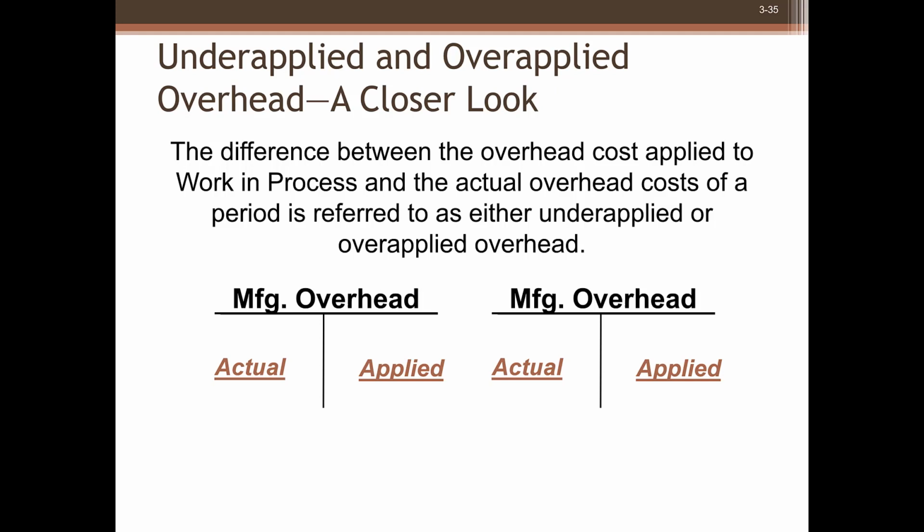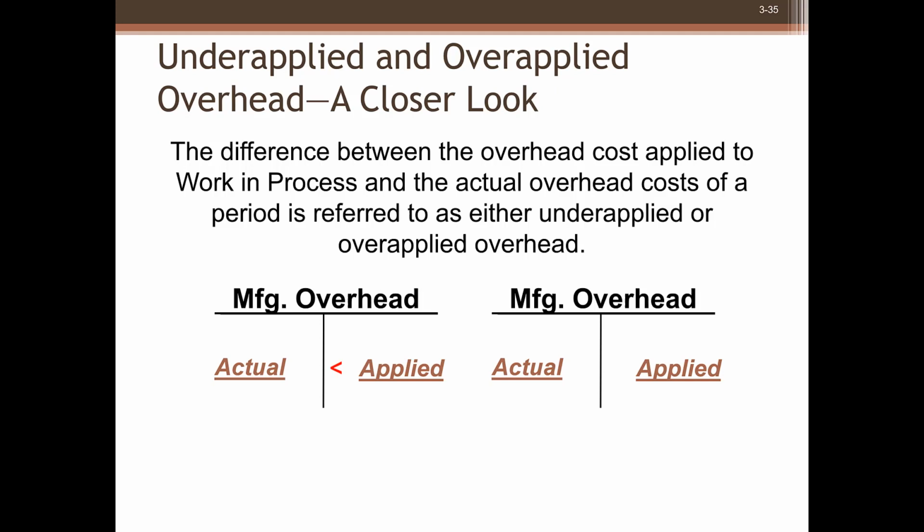To get applied MO, we use the predetermined overhead rate multiplied by the actual level of allocation base. Well, in practice, actual MO won't be the same as applied MO. So in accounting, we define the difference either as overapplied or underapplied.